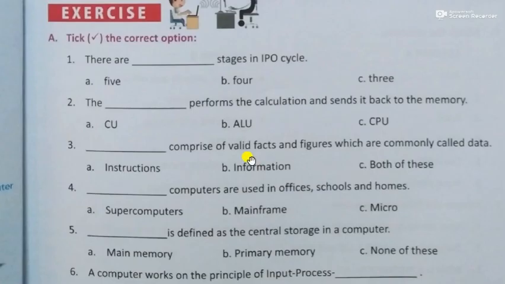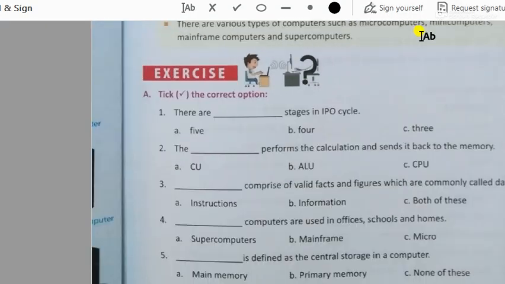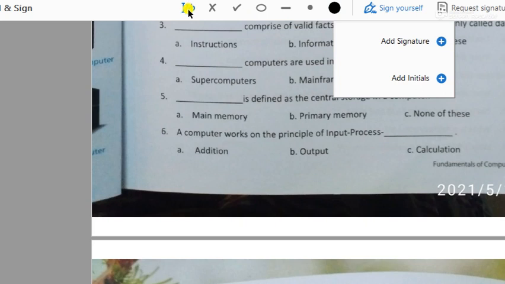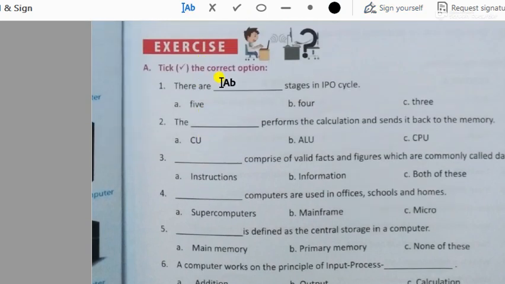We will go through the exercise part. Here we can do all this exercise. There are dash stages in the IPO system. So how many stages are there? There are 3 stages. You can tick over here.